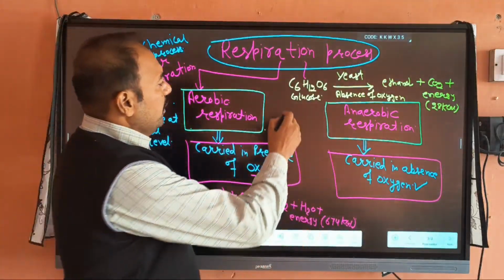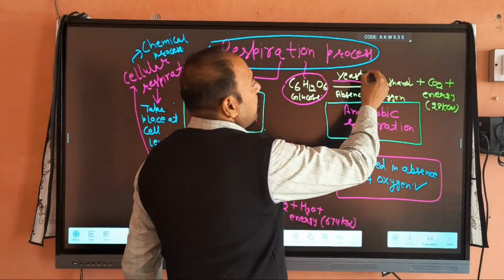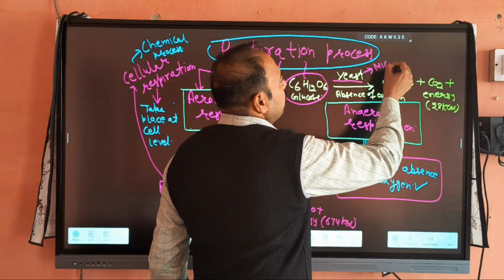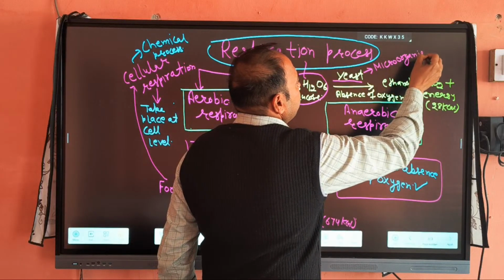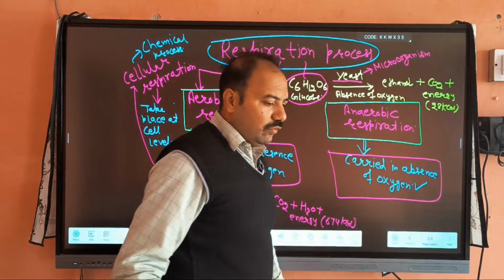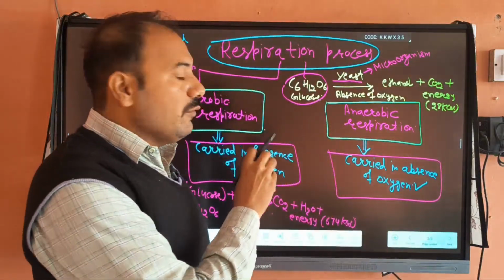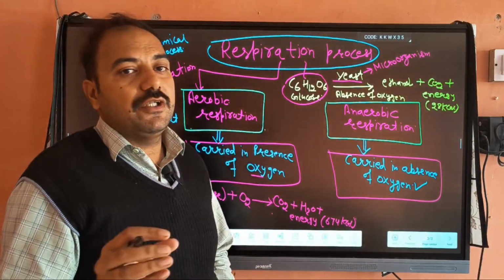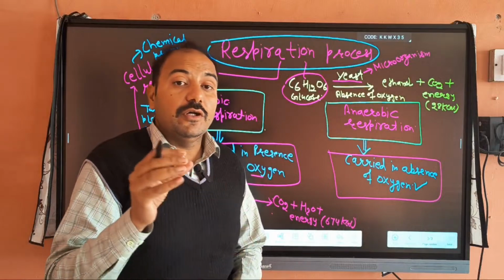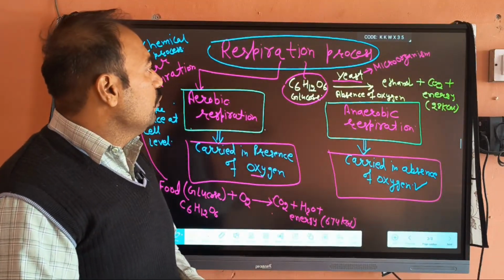So here, this is glucose and this is yeast. Yeast is a microorganism. A microorganism is a small type of organism which cannot be seen without a microscope, whose dimension is very small, maybe less than a micrometer.